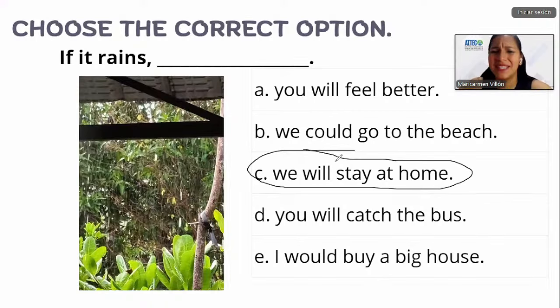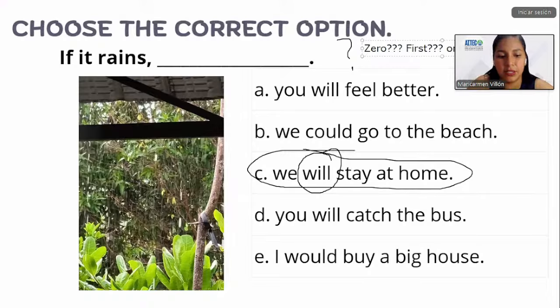My friends, this is zero, first or second conditional. What conditional is this? Zero, first, or second conditional? Excellent, John. Very good.